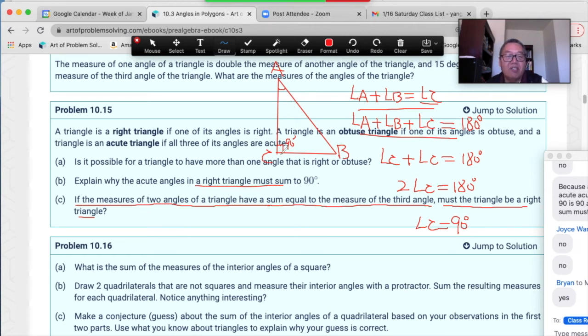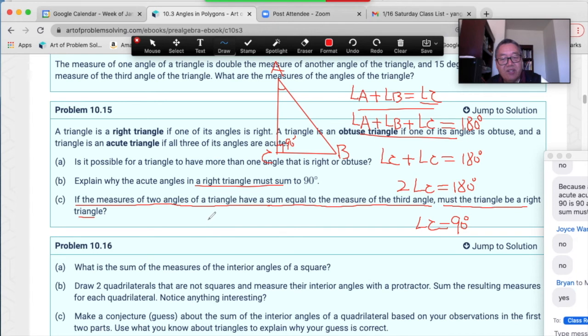This one's 90 degrees, the sum of these two added together should equal 180 minus 90, which also equals 90 degrees. But this one is a reverse statement. Then they said, if the sum of these two angles always equals the third angle, then this triangle should be a right triangle.